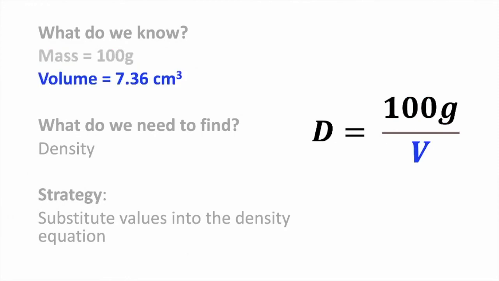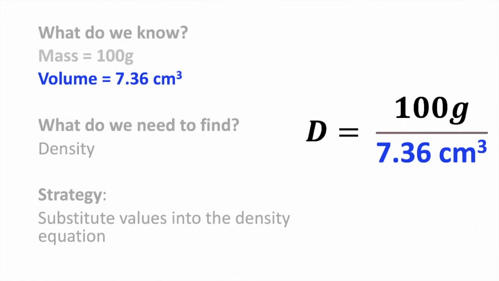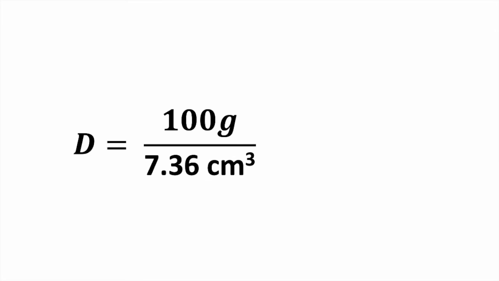And then we're going to take our volume and we're going to substitute it for this V. So we have density equals 100 grams over 7.36 centimeters cubed. And when we divide it out, our density equals 13.6 grams per centimeter cubed.